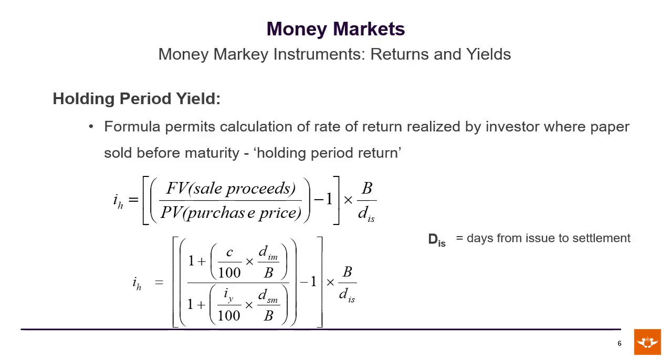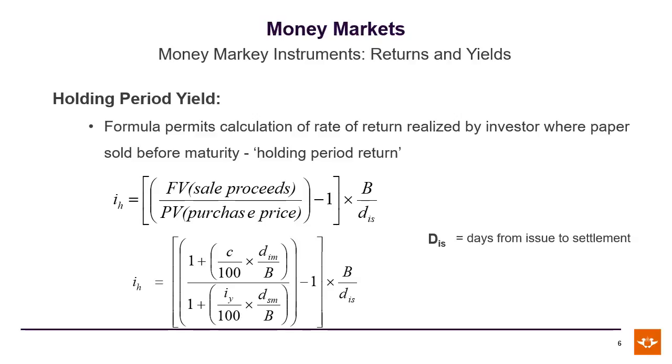So in essence, however long you've held the asset for, the price you generated when you sold the asset, or the price you paid for it, and again that is ratioed up for a year depending on the day count convention that you're using.